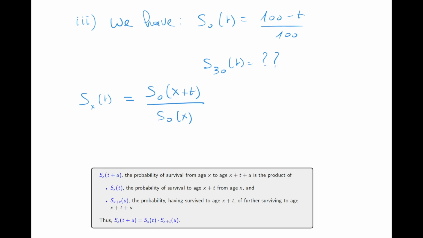So it's important that you know this formula. If you know this formula, you can solve this type of questions easily. You can easily convert survival functions of someone who is 0 years old to survival function of someone who is x years old. And actually you can always jump from one age to another age.